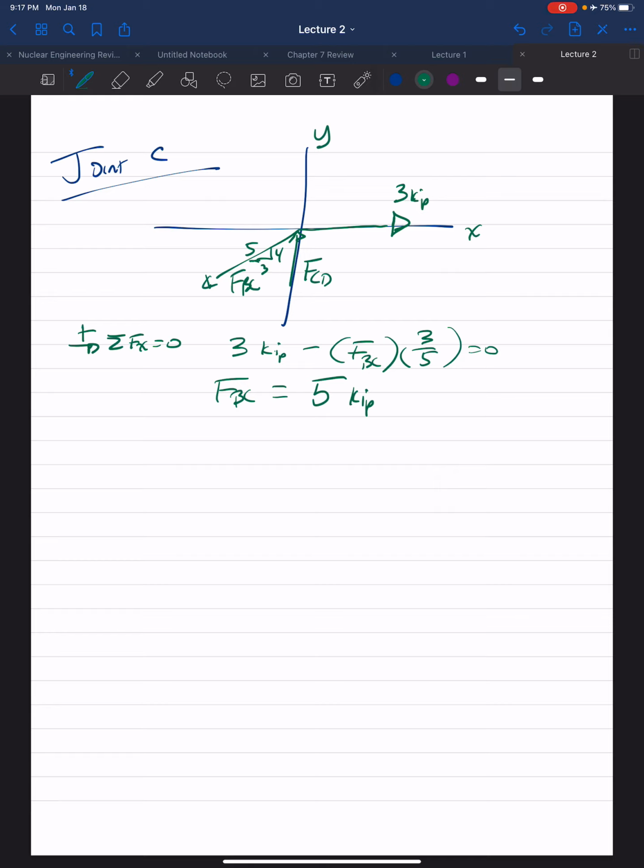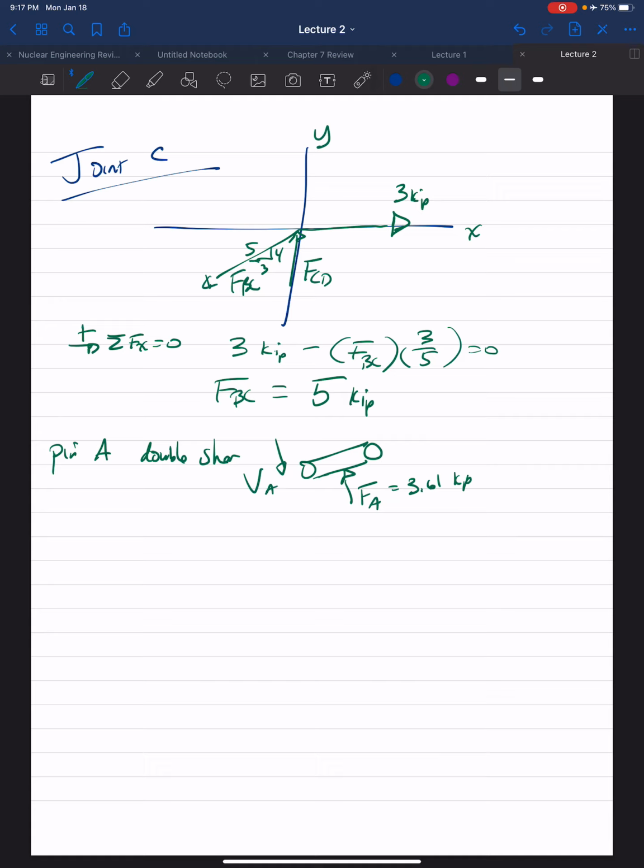So the problem told you that the pin at A is in double shear. This is the pin at A. You have your FA, which we calculated to be 3.61 kip.